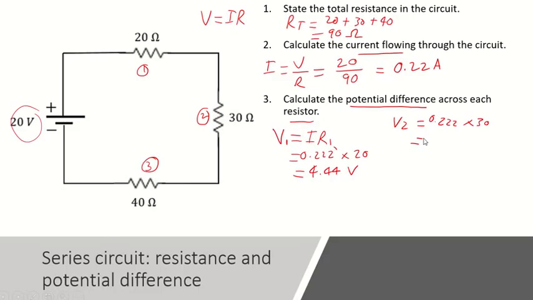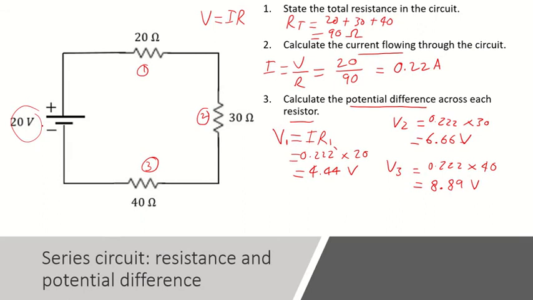So 0.222 multiplied by 30 will be 6.66, and that's in volts. And then finally, the voltage drop across our last one is going to be 0.222 times by 40. And that's going to be 8.89. And that's measured in volts.